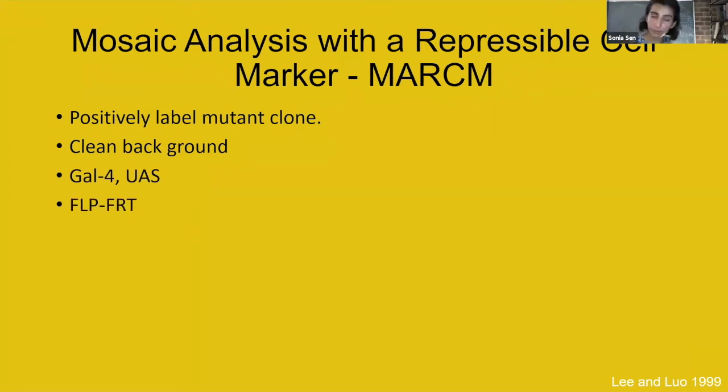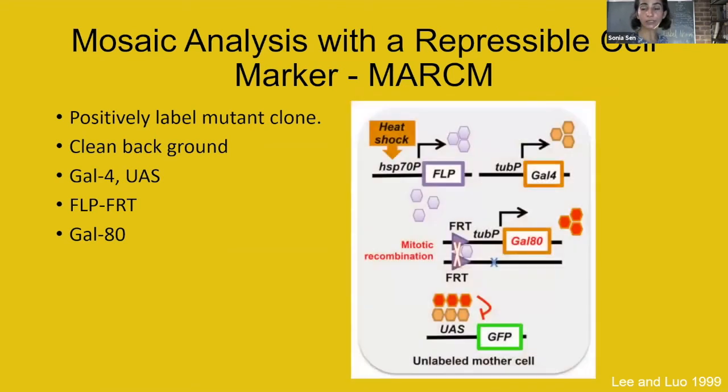It uses the flip FRT system. We've discussed this. It also uses that repressible cell marker, which is GAL80, which I think Shweta spoke about. So it uses a combination of these things to achieve positive labeling of a mutant clone against a clean background. Let's talk a little bit about how they do this. This was developed by Tzumin Lee and Liqun Luo in 1999.